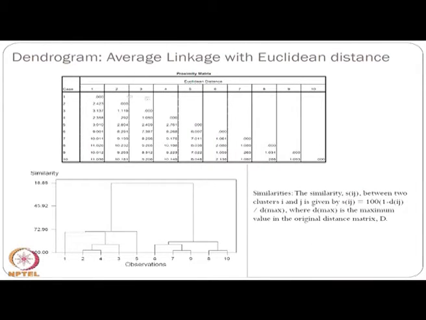Now, if you go for average linkage, is there any difference? Yes, again difference. 2 3 4 are coming together here, one after another, but then 1 coming and 5, that means in terms of single linkage this side, and this side joining may be different.